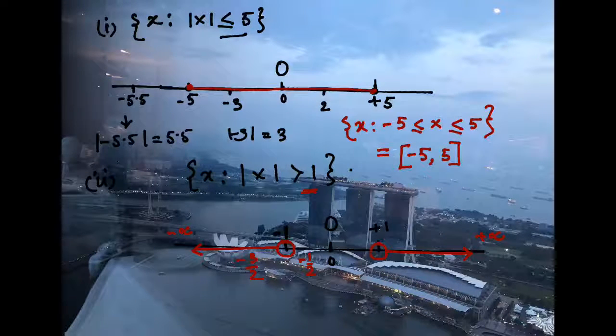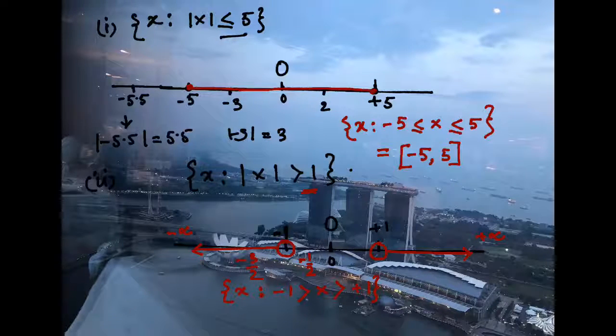And for this one, we have to make a union of two sets to represent this. Like in set notation, we can write x less than minus 1 or x greater than plus 1.